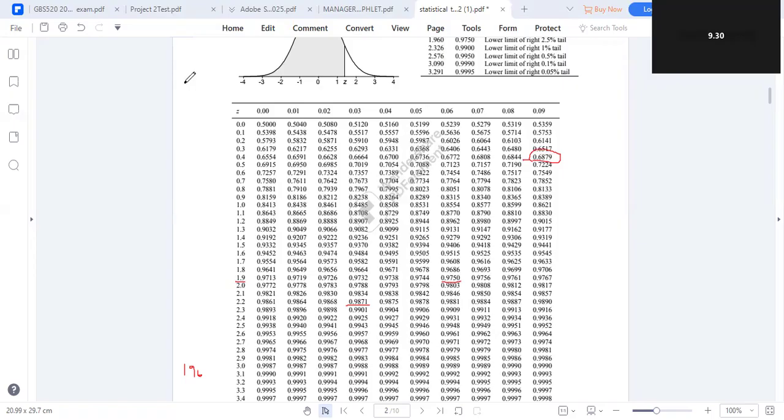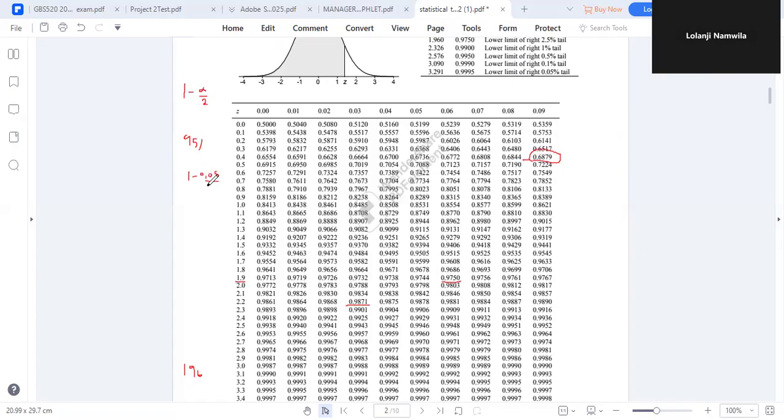So how we read the Z is simply 1 minus alpha over 2. You read from inside the table. If we're dealing with 95%, for instance, what is our alpha? It's 0.05, isn't it? So 1 minus 0.05, divided by 2.